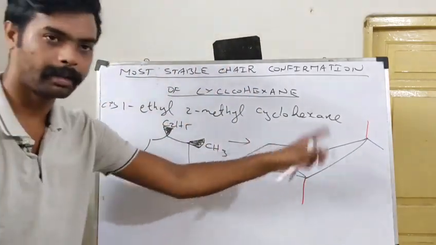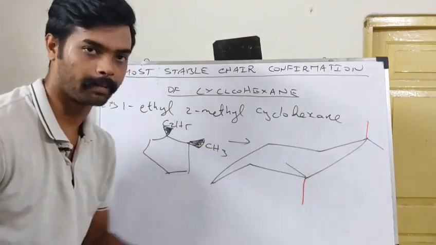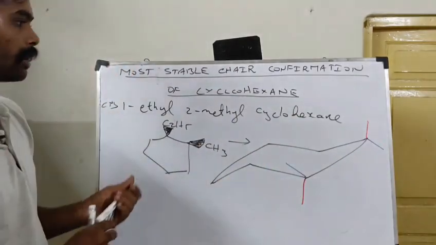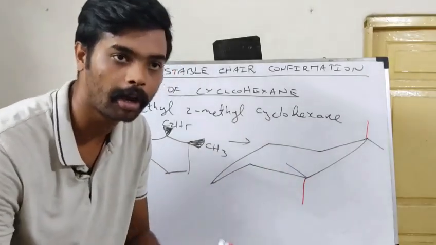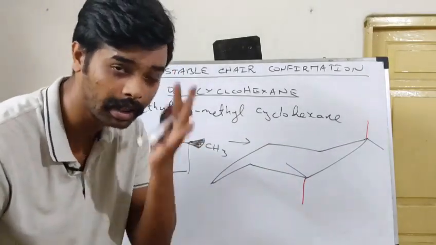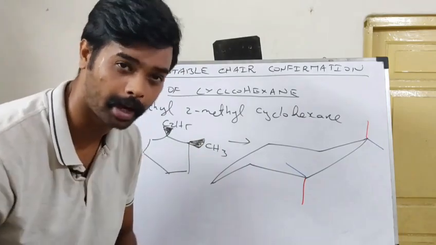I didn't fill the other things because only these two are required for me. Now I already told you, in case of chair, it is not at all about whether it's going to be axial or equatorial. It is about whether it's pointing up or down, right?